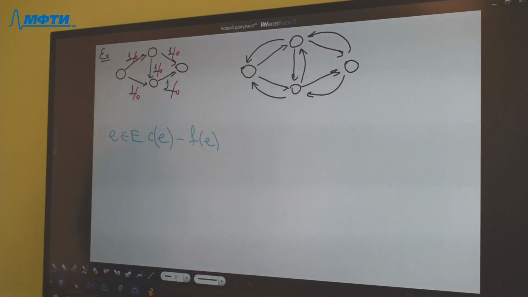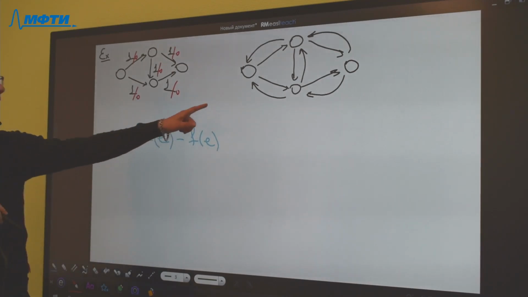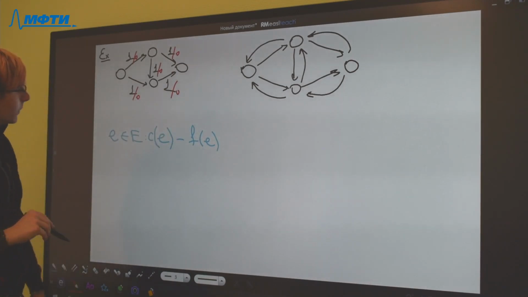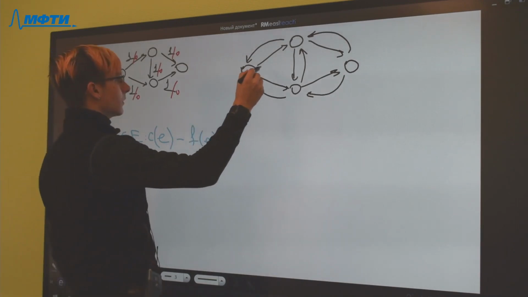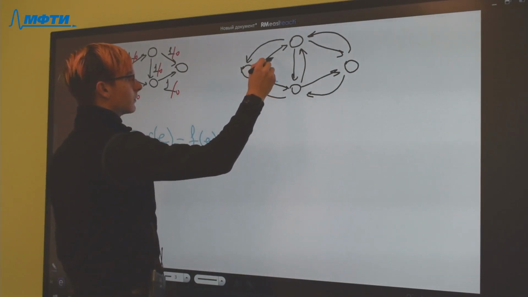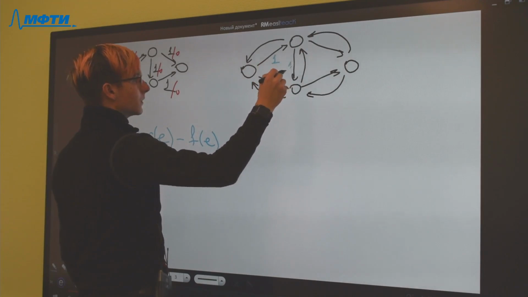And capacity minus flow is equal to the number that I need to write on the edge. For example, it's equal to 1.